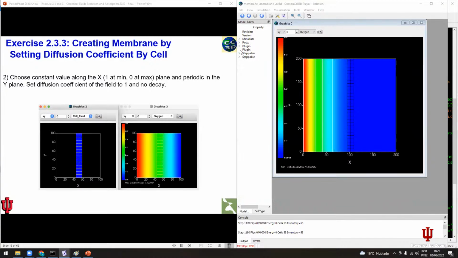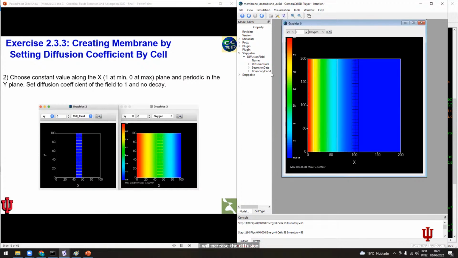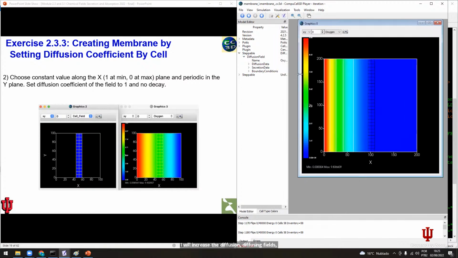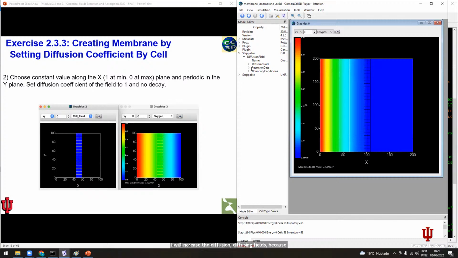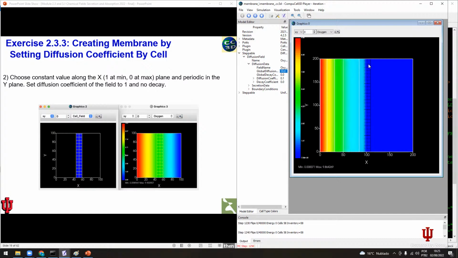I will increase the diffusion constant because it will take too long for the field to settle down. So I will increase, let's say, to 10. Then you can see that the membrane is blocking the field.